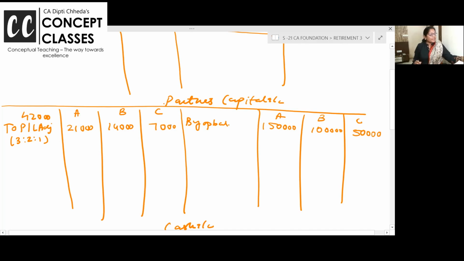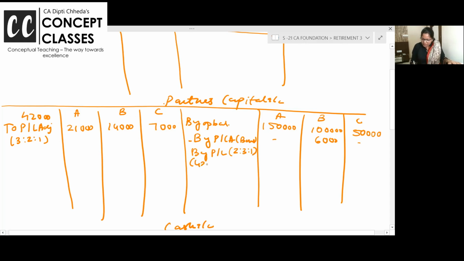Out of that, you have decided to pay bonus to B. You have to pay bonus to B, and that is 6,000. P&L adjustment account bonus. Now remaining profit, give it to all the partners in the new ratio 2:3:1.